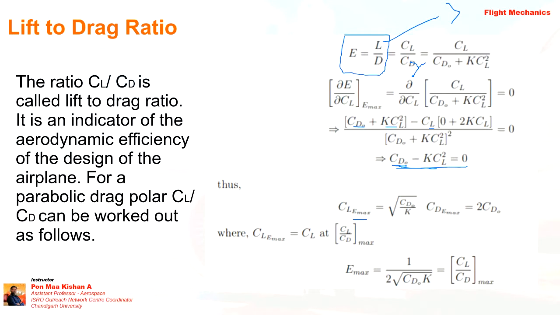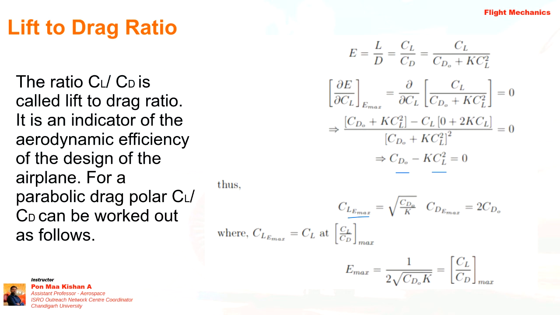So CD naught is equal to KCL square. If I want to calculate CL, CL is equal to the square root of CD naught by K, okay?